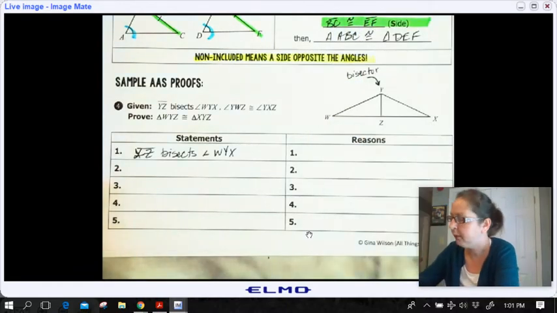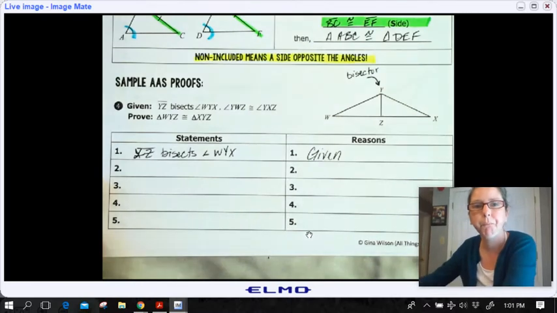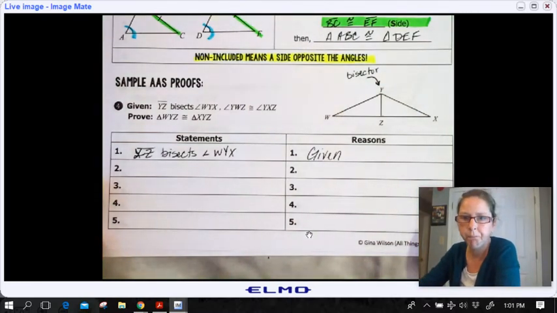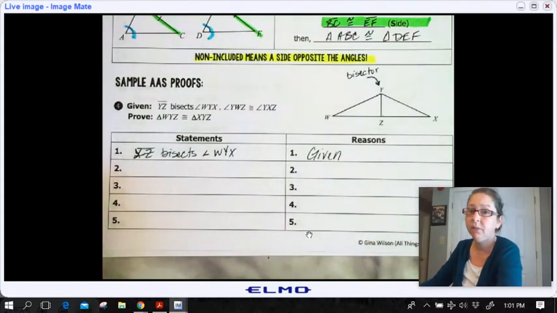Okay, so that's a bisector and that's given information. Next, if you're filling in the reasons, you can do this any way that you see it.